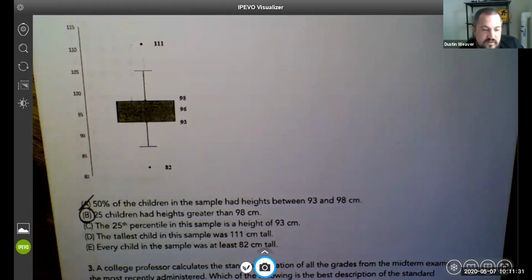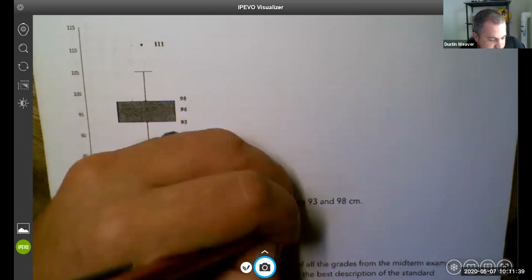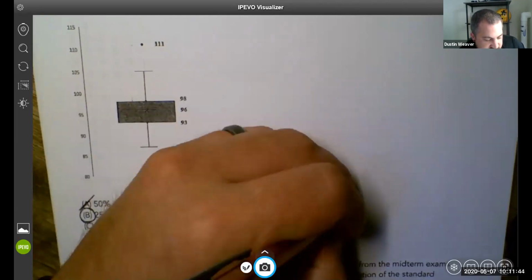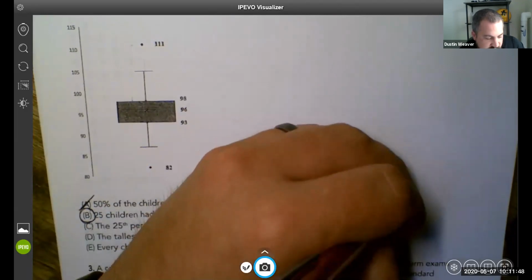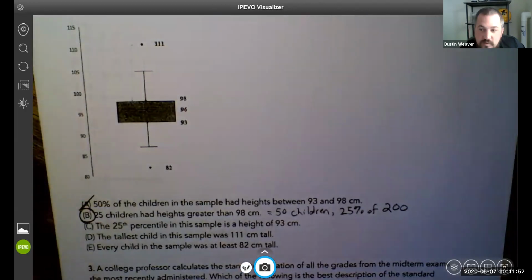So we're able to show that the rest of them are true, and we're able to see that that one would be false, and then why. There would actually be 50 children because 25% of 200. Okay. So that gives us B for question number 2.